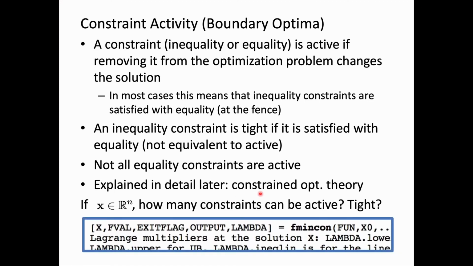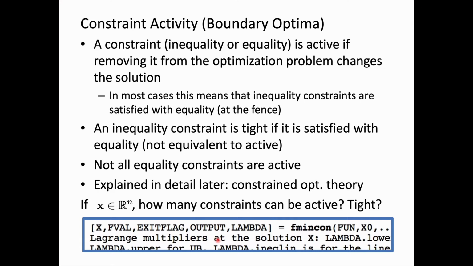If you want to determine the activity of constraints when you are solving a problem using an algorithm such as fmincon, some of these outputs, especially the output struct and the lambda struct, are going to give us information about constraint activity. This is part of solution analysis.